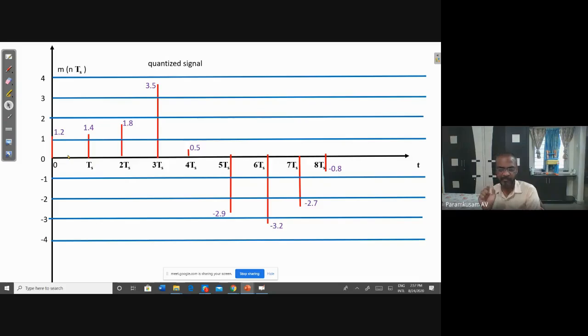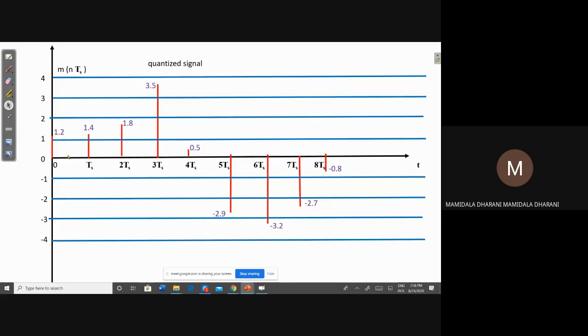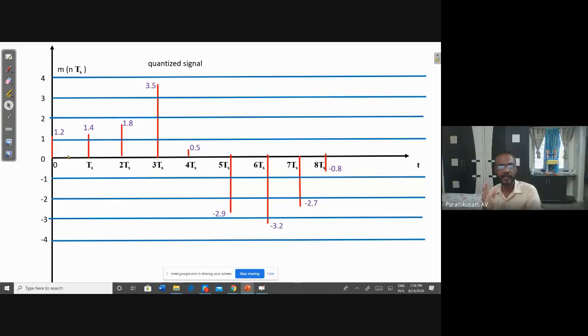The sampled value will be approximated to the mid value of the interval in which it lies.